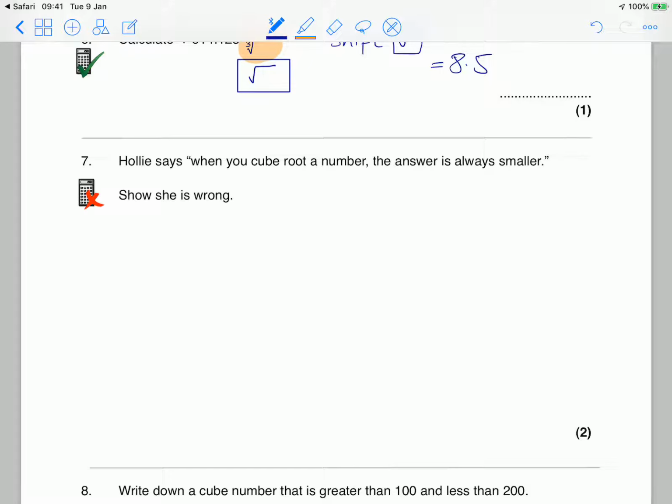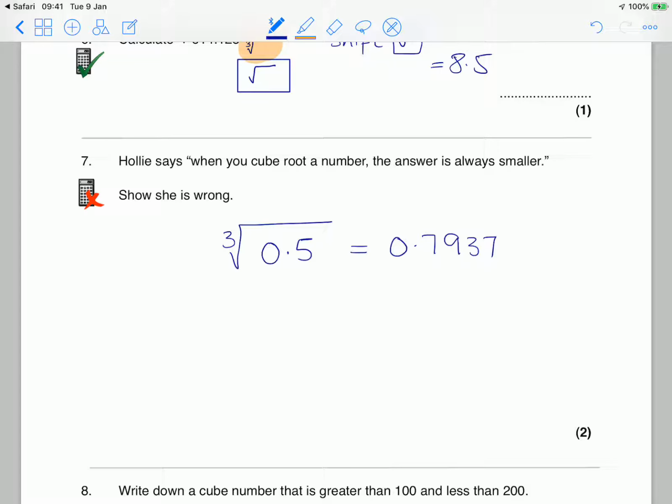So if I think of cube rooting 0.5, let's see what happens. The cubed root of 0.5 on my calculator is 0.7937.